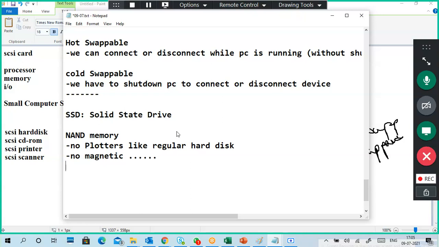So I put a dot. It is a NAND memory type, like your flash drives. It is kind of a flash drive, the technique we use in a flash drive, the same thing only.